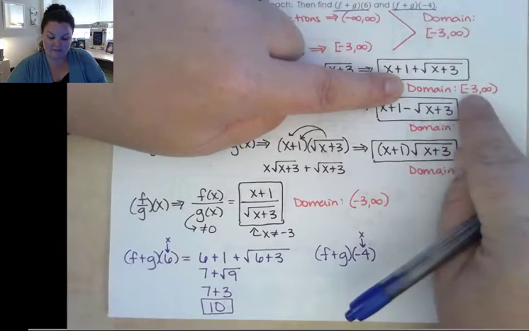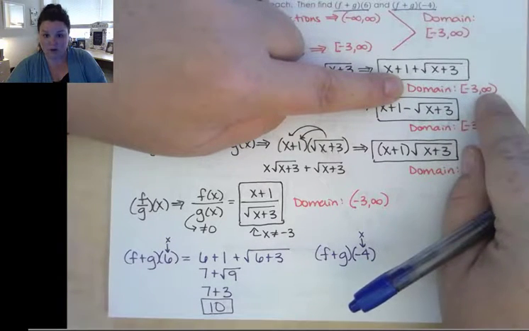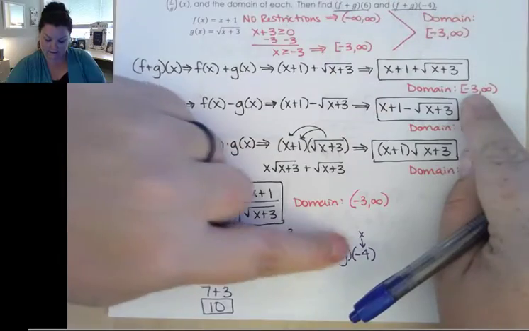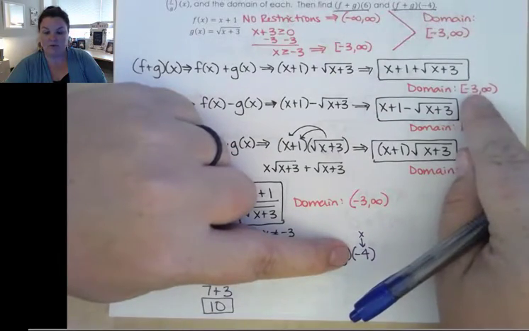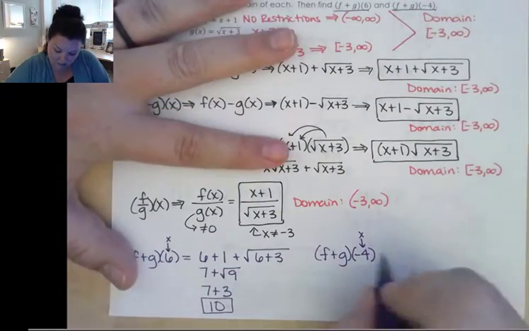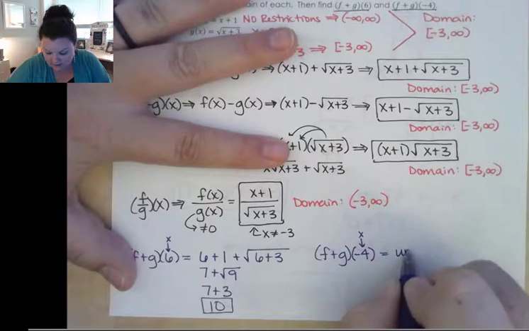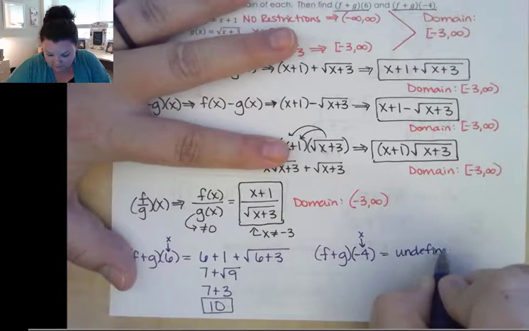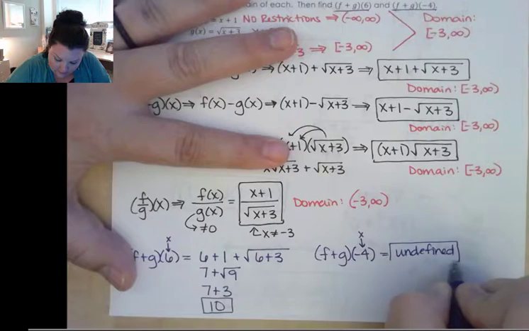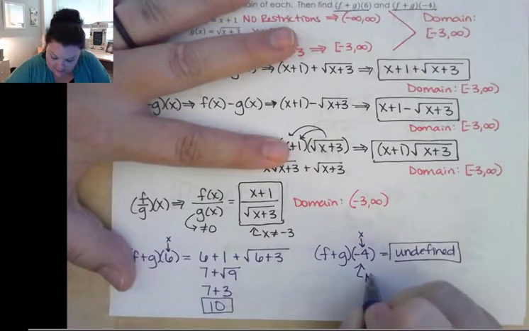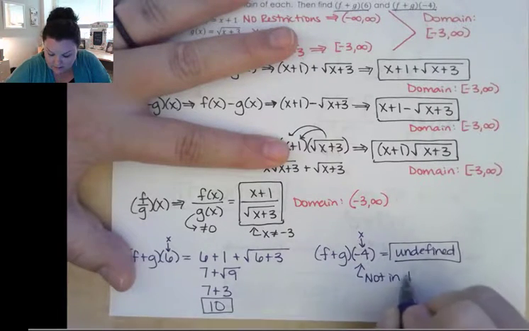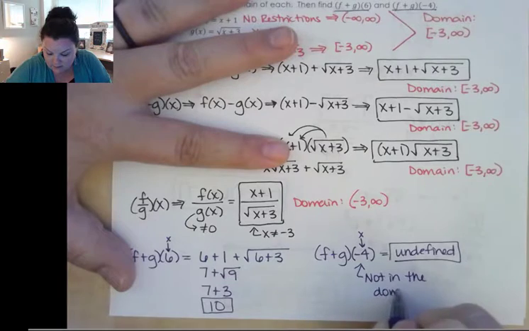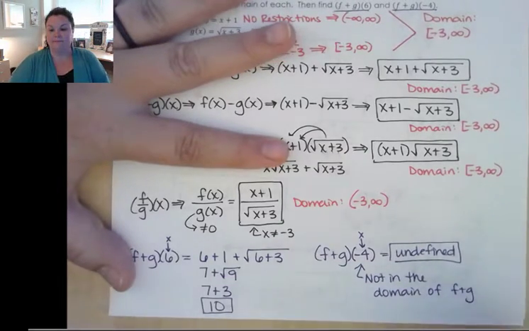Because the domain is from -3 and bigger. -4 is actually smaller than -3. So it's not in the domain. So we're going to say undefined for our answer, because this is not in the domain of f plus g.